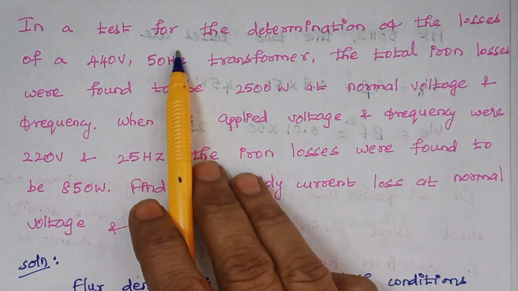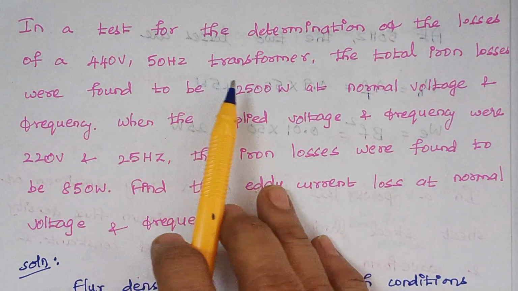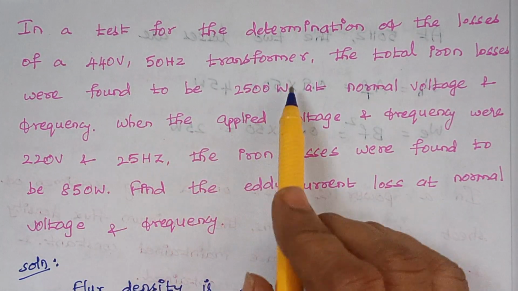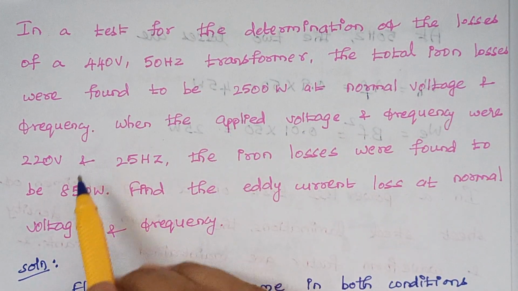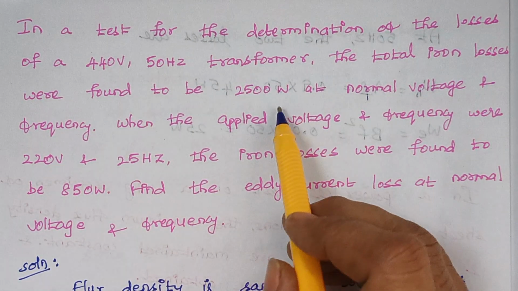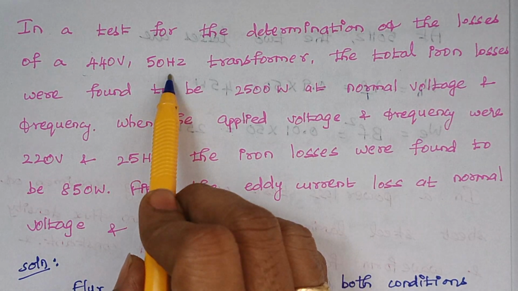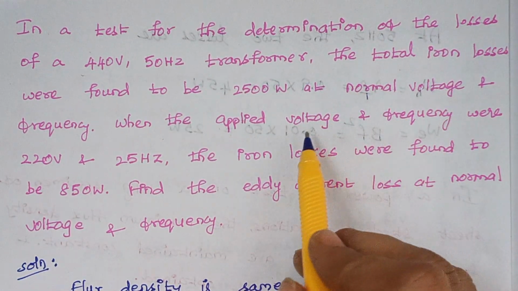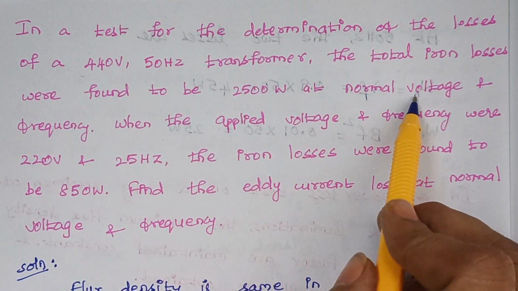In a test for the determination of the losses of a 440 volt 50 Hertz transformer, the total iron losses were found to be 2500 watts at normal voltage and frequency. So again, this is a 440 volt 50 Hertz transformer. The test is conducted and the iron loss is found to be 2500 watts at normal voltage and frequency.